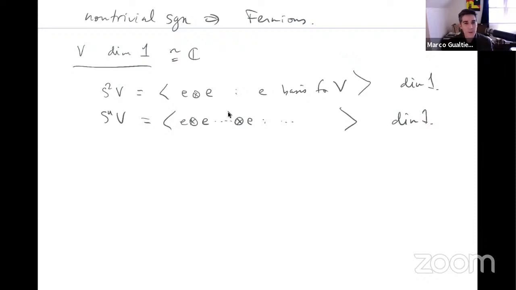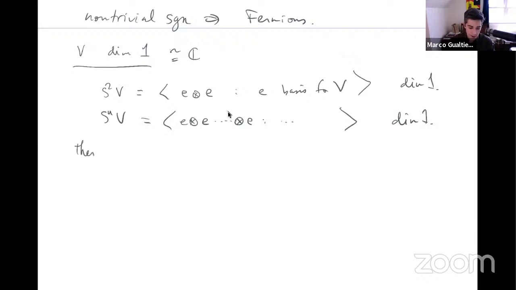And what this means is that no matter how many identical bosons you wish to have, there is room for them in this mathematical model. If you want n identical bosons in this one-dimensional quantum state space, that's possible because S^n V is a non-trivial vector space and it has states in it.